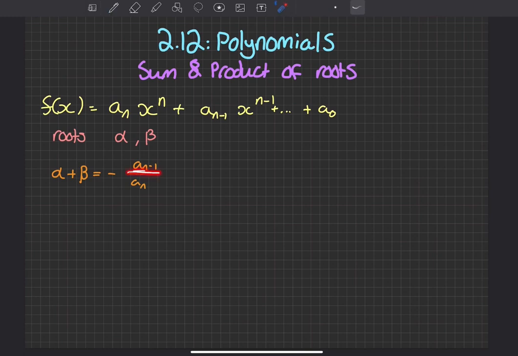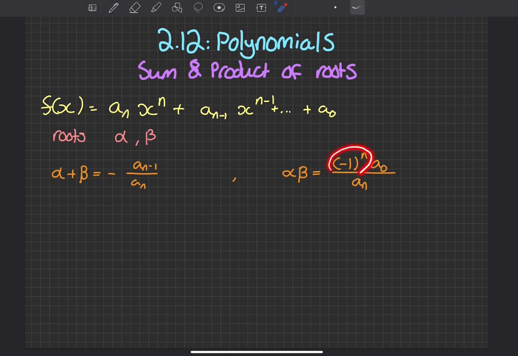So this a_(n-1) here is this coefficient, and this a_n is this coefficient. We also know that the product of the roots, alpha multiplied by beta, equals minus 1 to the power of n times the constant over a_n.